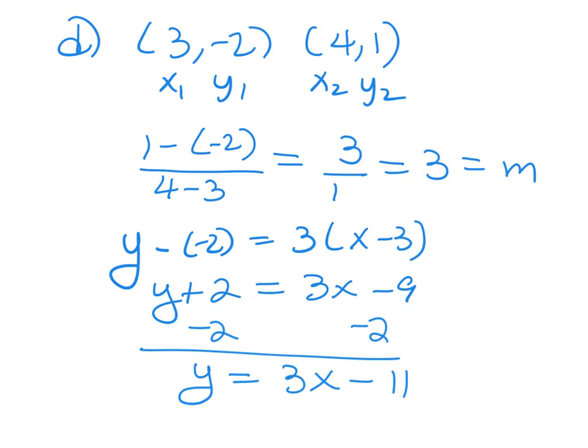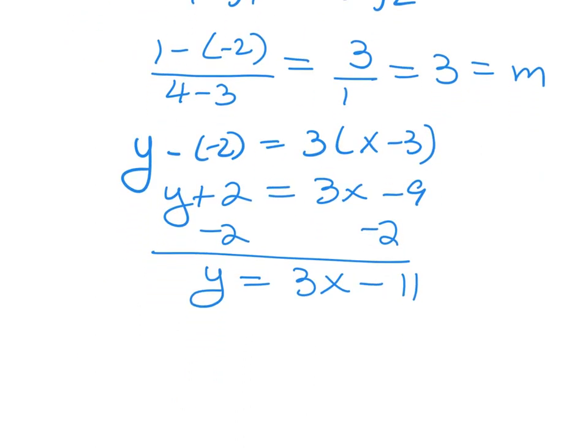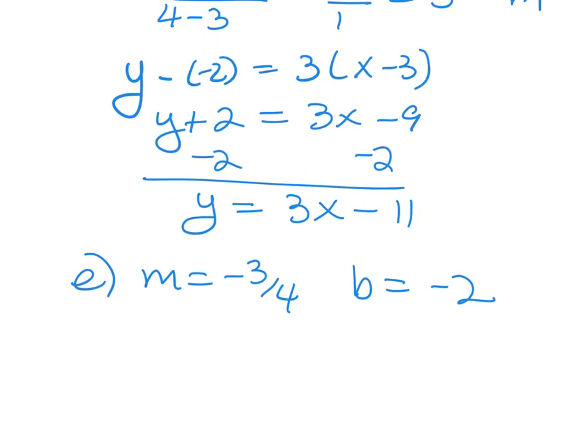The next one's super easy. They already gave me the slope and the y-intercept, so I just take out the m and the b. So for E, my slope is -3/4 and my b is -2. So I just plug in y equals -3/4 x minus 2.